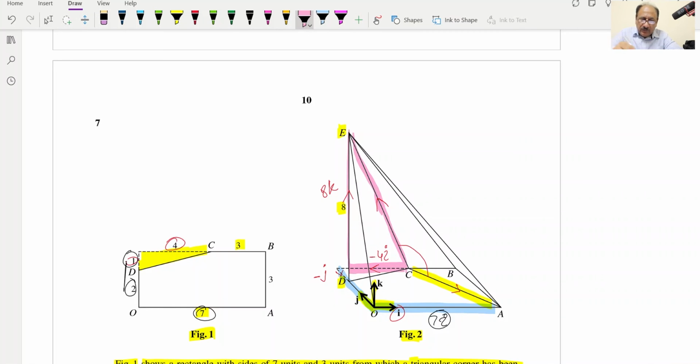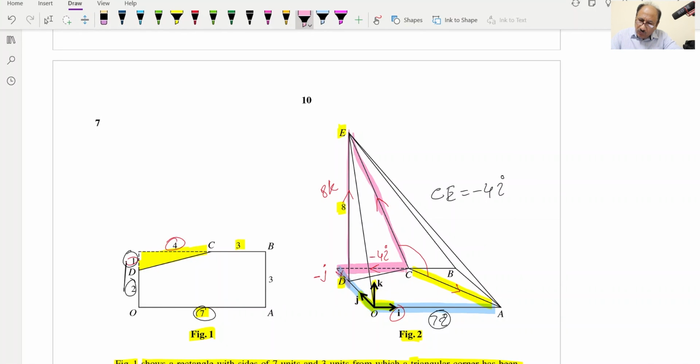So we can write here CE is equal to minus 4i and plus 8, minus 4i, we missed one part, and then this side will also be there, which is minus j.